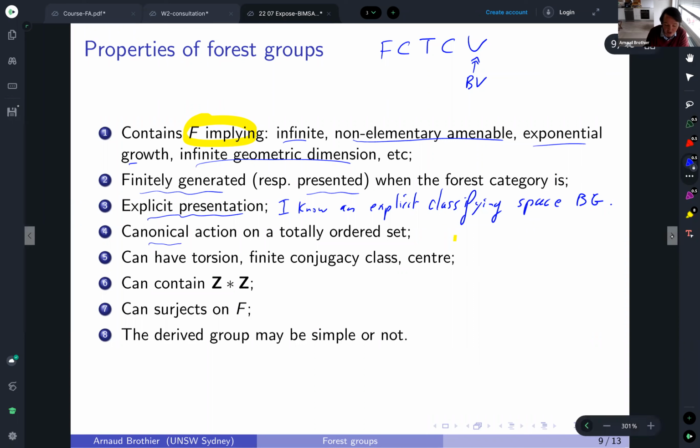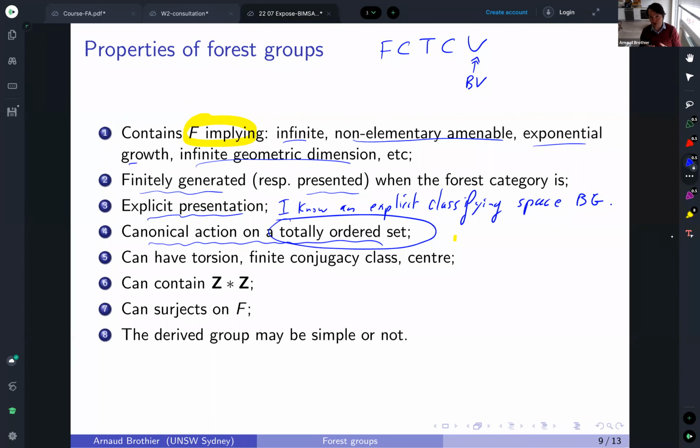Moreover, there is something. All these Thompson's groups, as you have seen, typically act by piecewise linear, piecewise affine maps. Well, here I don't have that. Too bad. But actually, they act on a totally ordered set. And what is nice is that I can construct this totally ordered set canonically from my forest category.